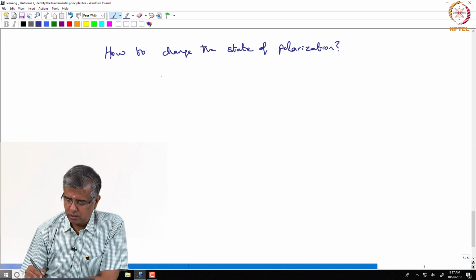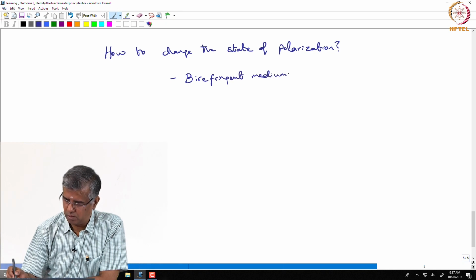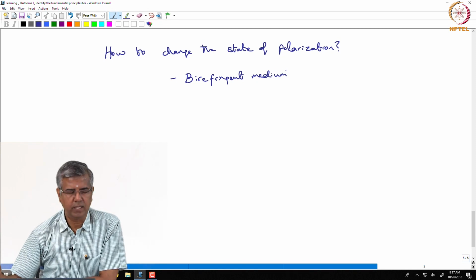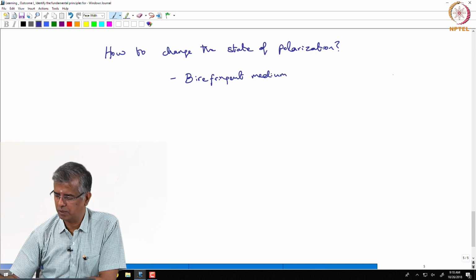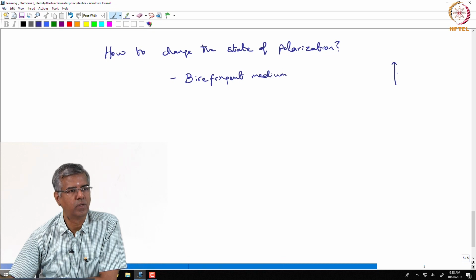To do that, what we need to consider is a birefringent medium. So, what do I mean by a birefringent medium? So far, in most of whatever we have considered, the response of the medium to an electromagnetic wave is isotropic in nature. What does that mean?